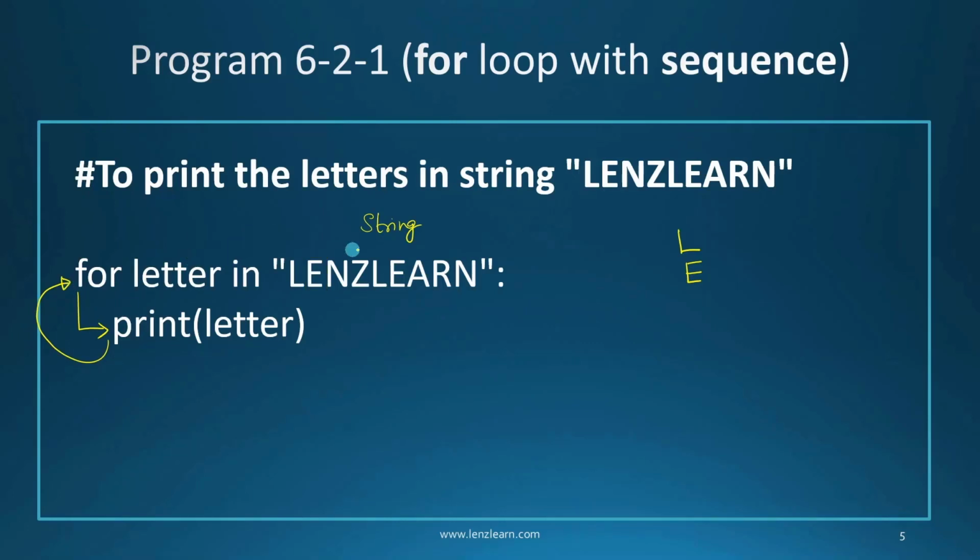Now we are in the third iteration, so it will select the next value from the sequence, which is a string in this case. N will be loaded into letter. Then it will say print letter, so N will be printed. In this way, it will print the entire string that you have given there.